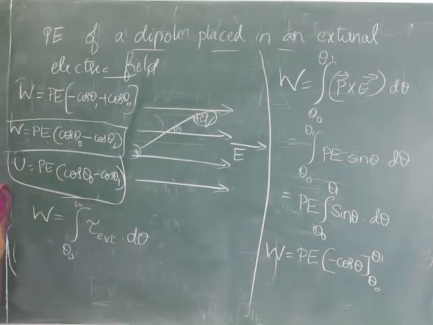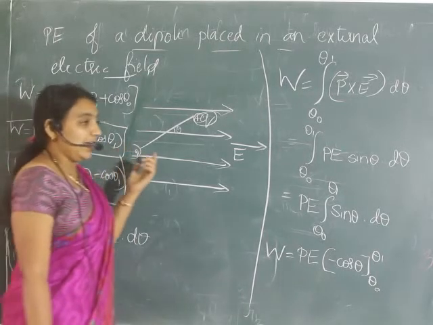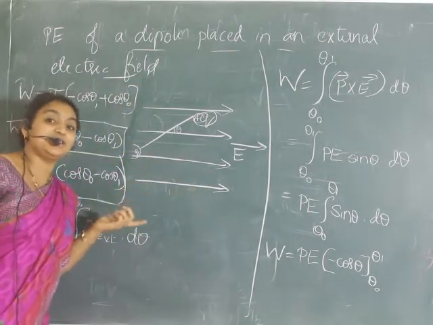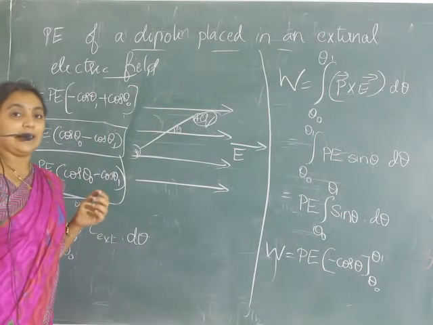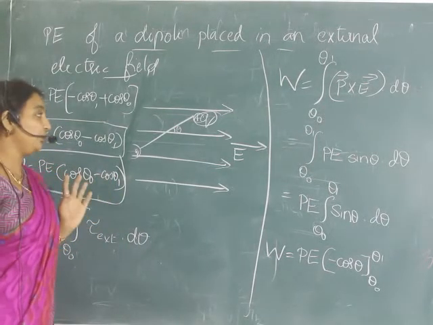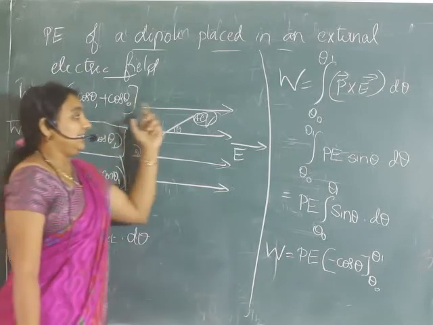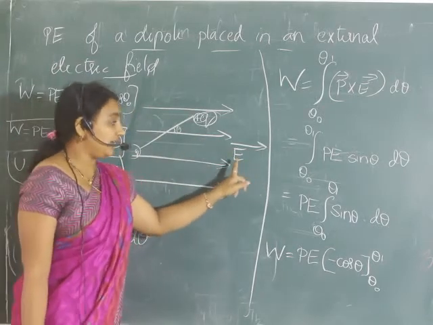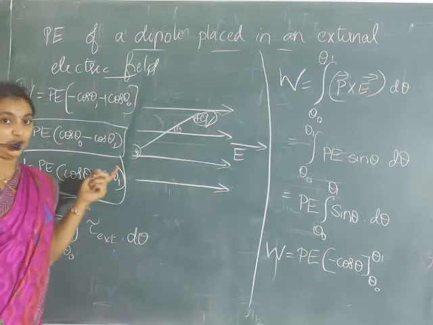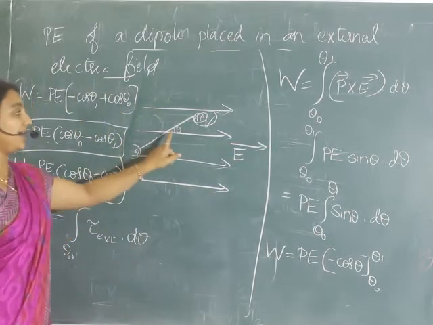What we have done? We have considered a dipole plus Q and minus Q separated by the distance 2a. Let the dipole moment be P is equal to 2aq, placed in the external uniform electric field E, it aligns itself due to the torque experienced by an angle theta.